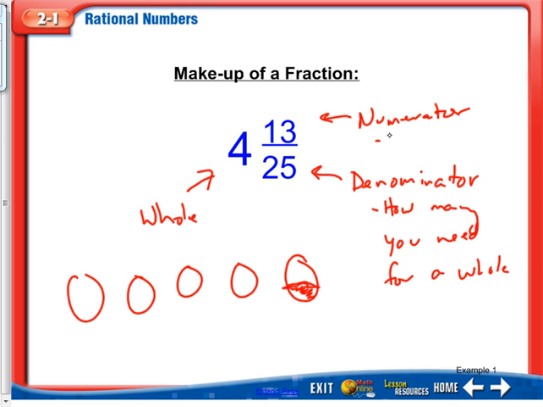How many extras do we have? It's kind of like when you divide, that'd be a remainder. That's another word you could think of. So they're the leftovers or the remainder. The denominator tells you how many you need to make a whole. So, we would need 12 more pieces to make 5 whole.